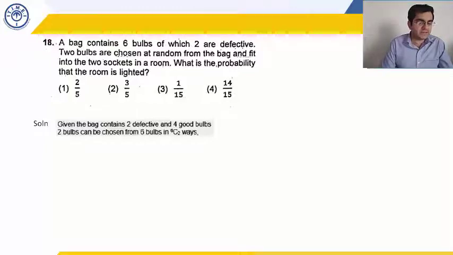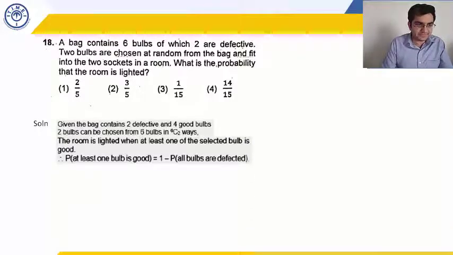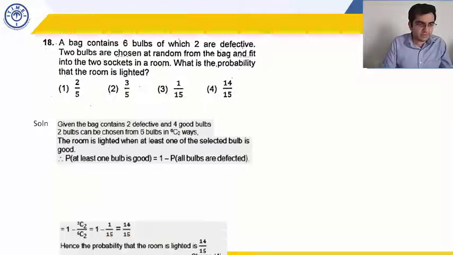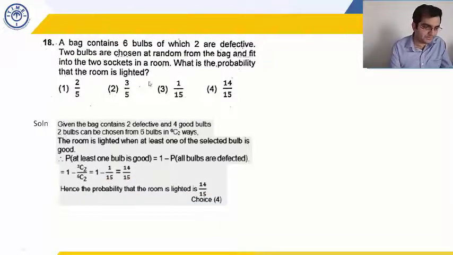So total number of outcomes will be from 6, you select any 2, that's 6C2. And if you want both to be defective, then it will be, here you go. Both will be defective means there are only 2 defective bulbs, you pick both of them. Favorable outcomes divided by total outcomes.